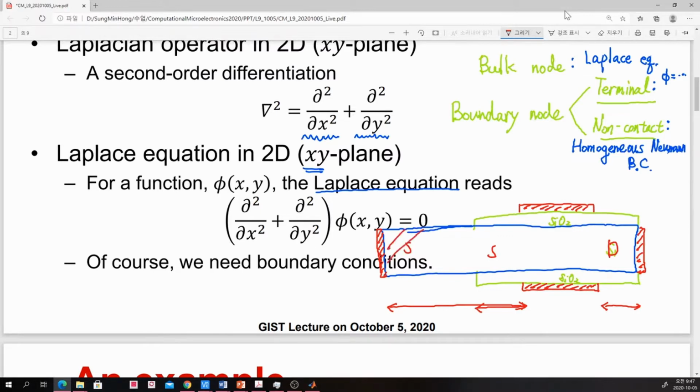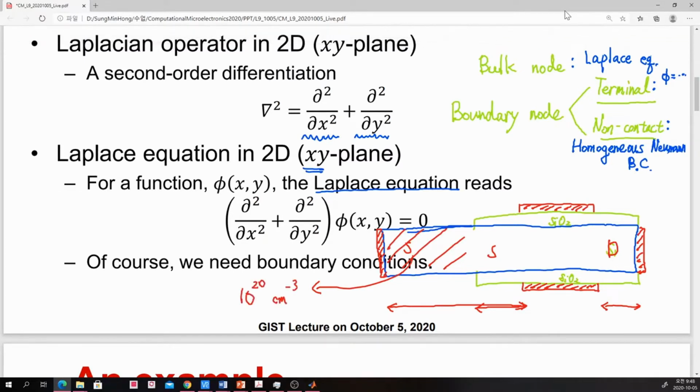You know that in this part the doping density is on the order of 10 to the 20 per cubic centimeter. So you are quite safe in terms of numerical accuracy or physical validity.